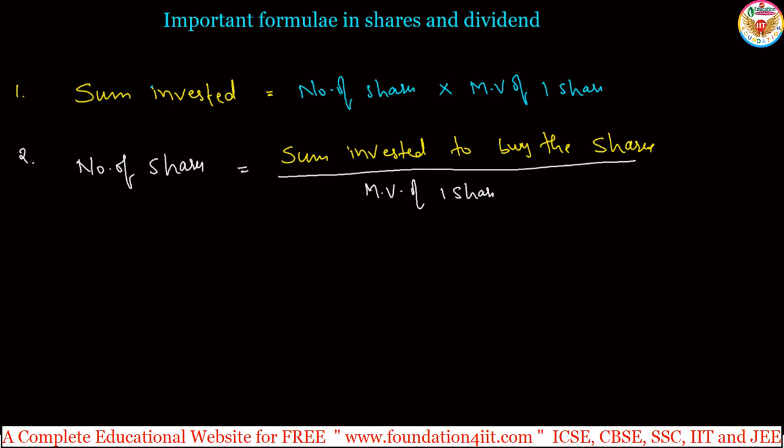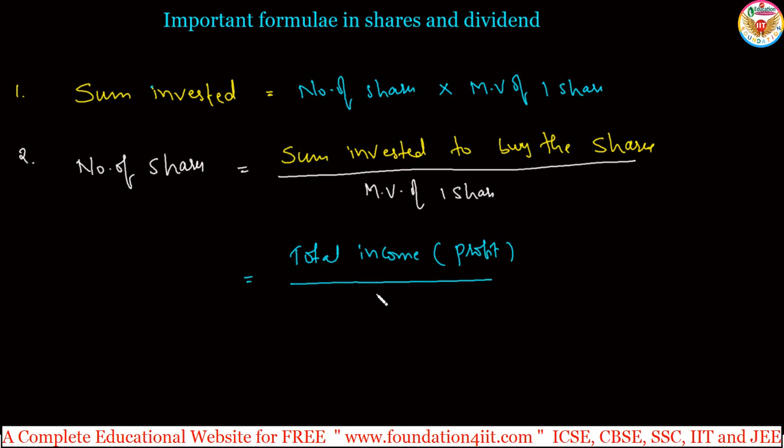And there are even alternate formulas for this. If the income is given, it's total income by income on one share. Instead of giving investment, if total income, which is nothing but profit, is given, divide by profit on one share.